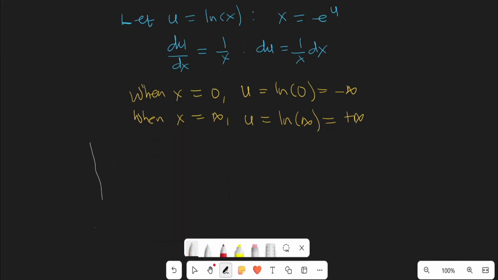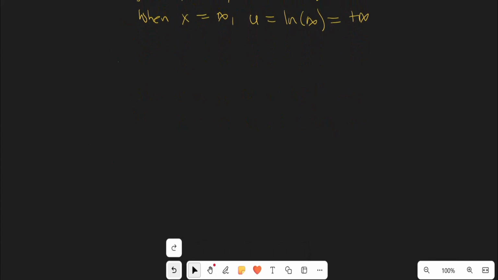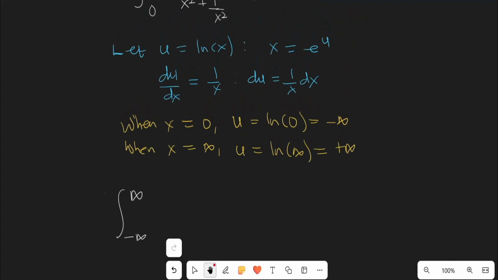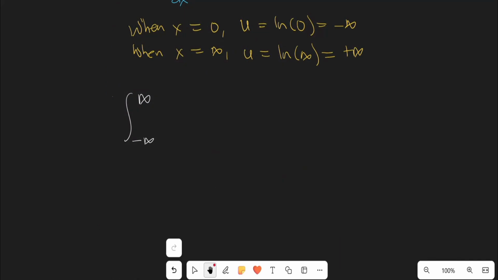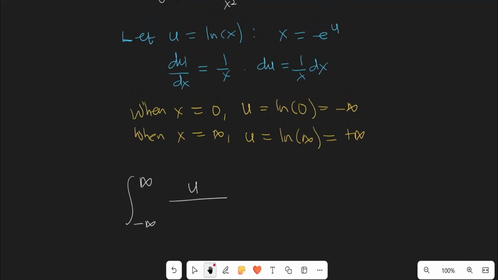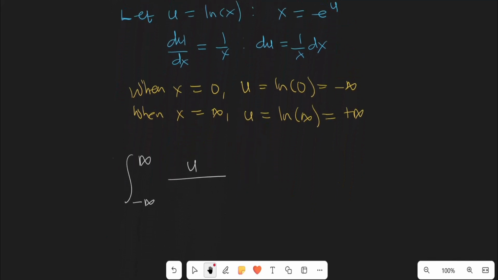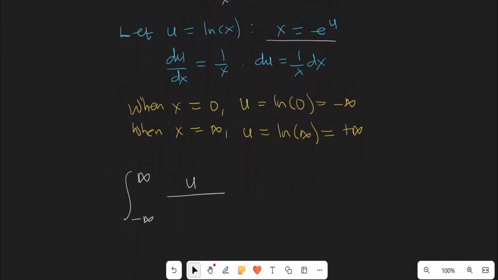So our integral now becomes the integral from negative infinity to positive infinity of natural log of x, which is u, divided by x squared. But we know that x is e to the u.